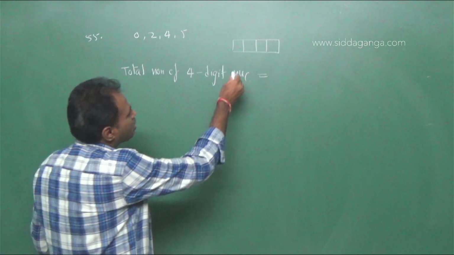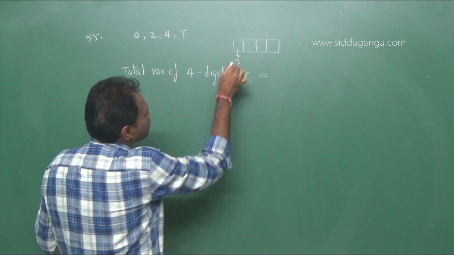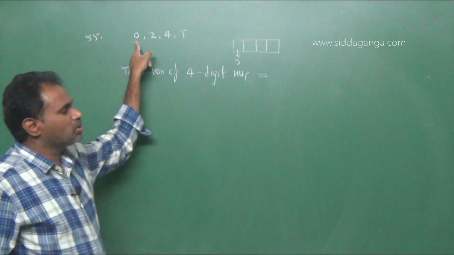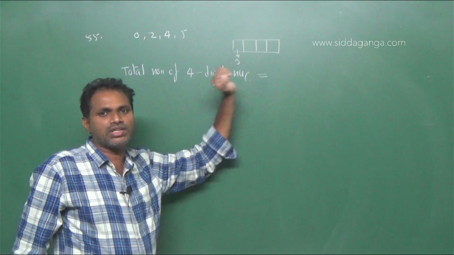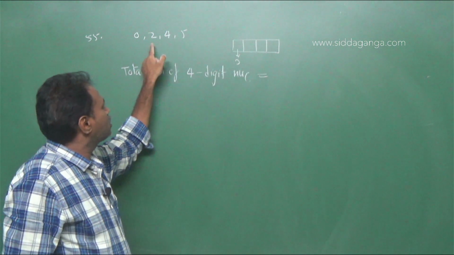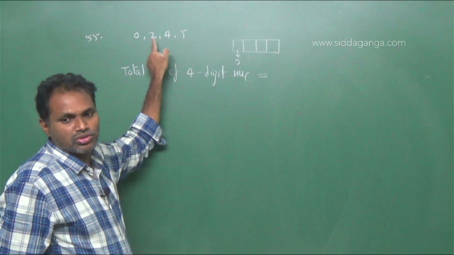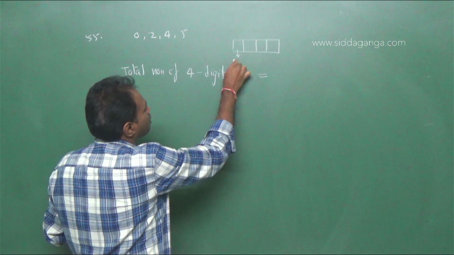Now 4-digit numbers you want. Therefore, the first box you can fix in 3 ways. Why? Because if you put 0 in the first box, that number converts into a 3-digit number. That's why 0 should not be kept in the first box. Therefore, the first box you can fill in 3 ways: 2, 4, or 5.